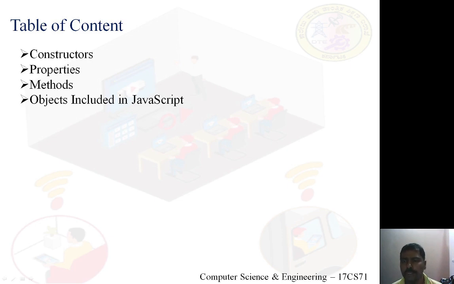It's an attribute concerned with an object. Next, we will have a discussion on methods. What are methods in this case? They act as an interface to access the property of an object or to manipulate the property of an object. At the last, we will have a discussion about some predefined objects included in JavaScript.